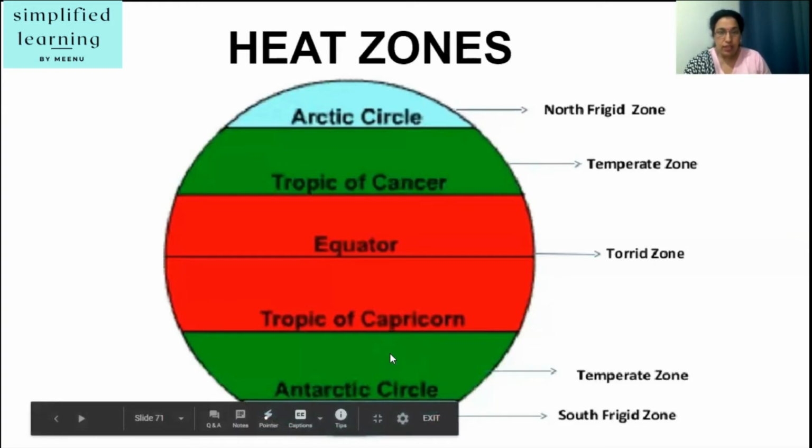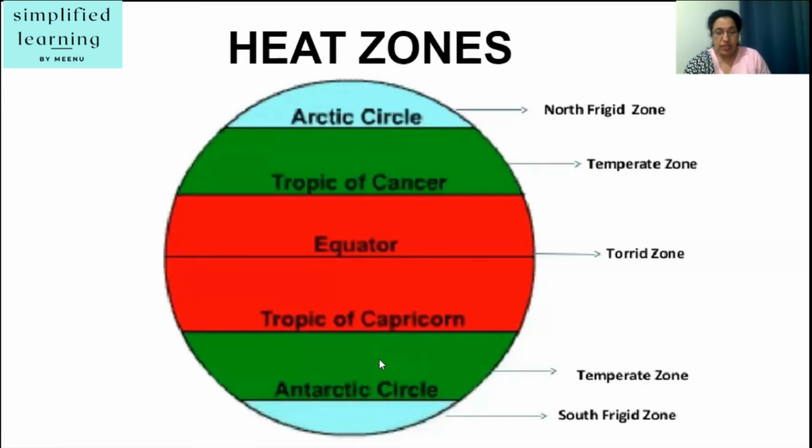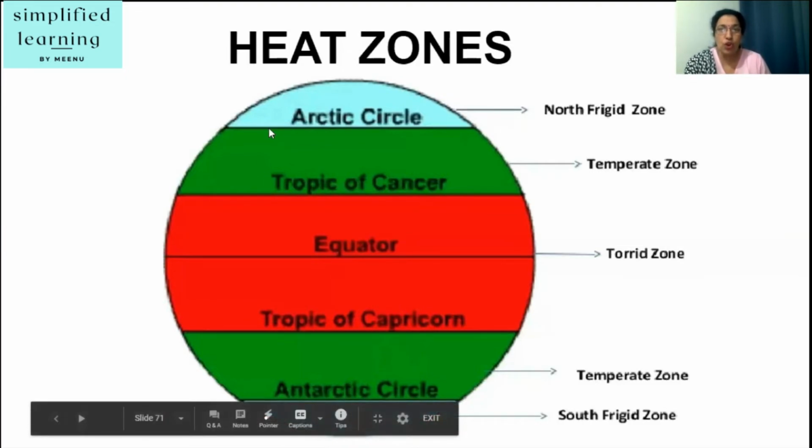So this is the temperate zone. Clear? The sun is never overhead in these regions. These are the most comfortable zones to live in, as they are neither too hot nor too cold.